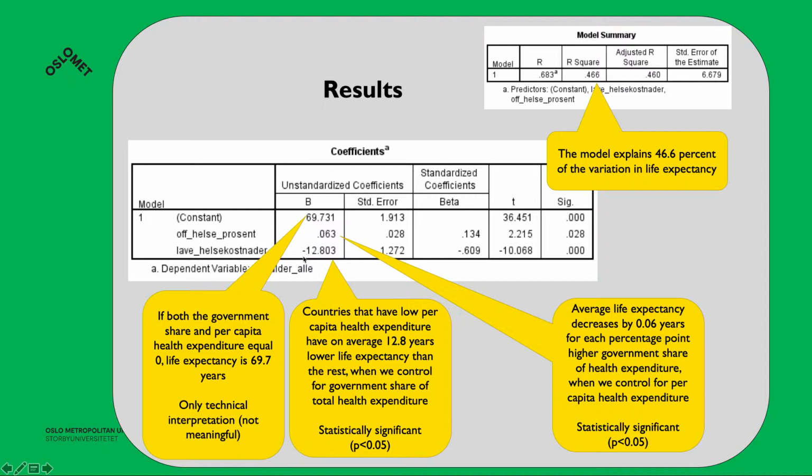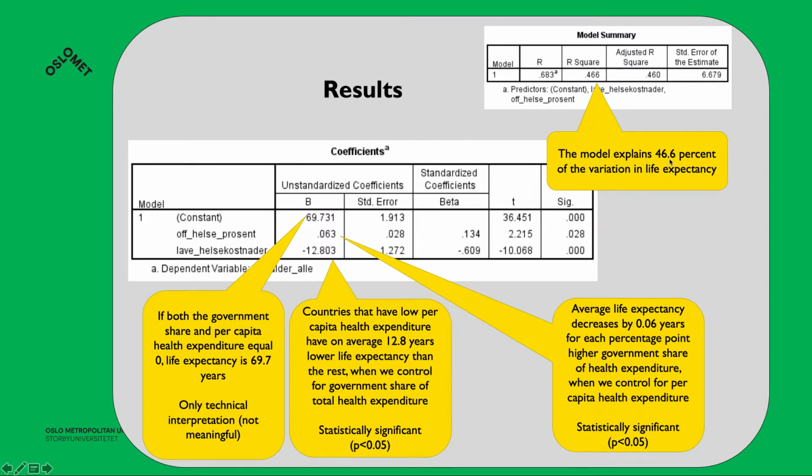We see that there is a negative coefficient, so there's a decrease in life expectancy in these countries when we control for the government's share of total health expenditures. And it's statistically significant. The p-value is much less than our chosen level of significance, so we can be not only 95% sure, but 99.9% sure that this is different from 0.